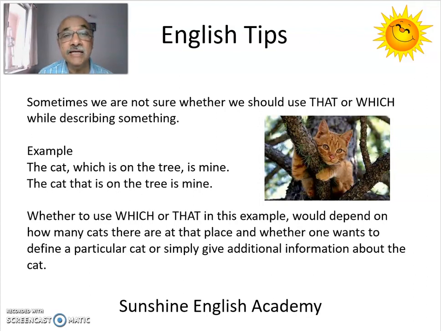Which is on the tree is not the important part of the sentence. So the word which only gives additional non-essential information. The important thing is that it is non-essential in that sentence. Now let's look at the second sentence. The cat that is on the tree is mine. Now when we make a sentence like that, it tells us that there could be more than one cat in that place.